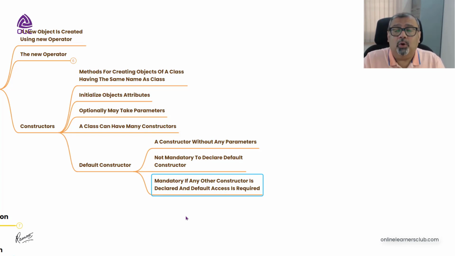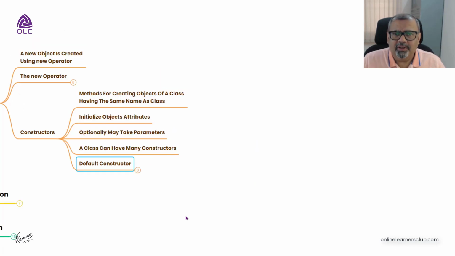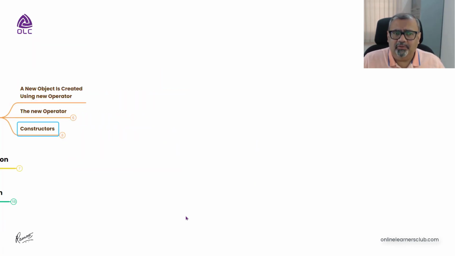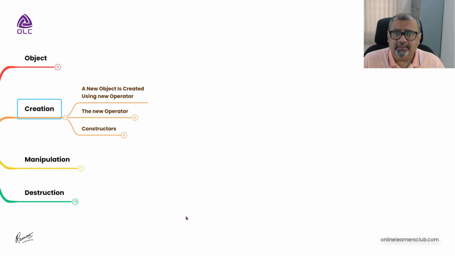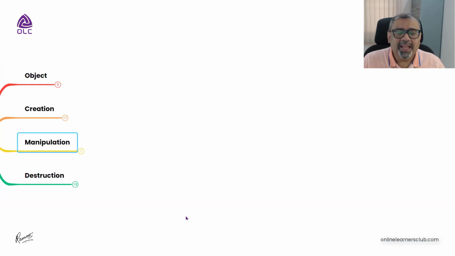So you have to explicitly declare a default constructor and define the logic within that particular constructor as well. This is one thing which is important. We will see that as we go ahead with our environment and other lab exercises.